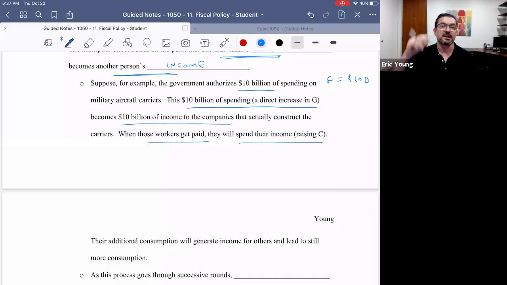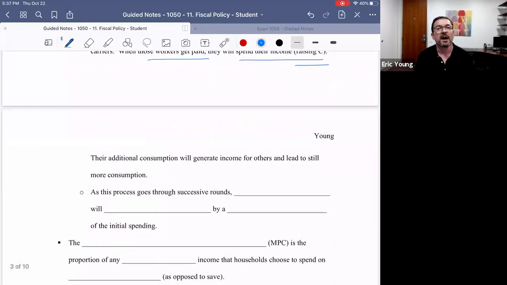So the military spends 10 billion on these carriers. It pays the contractors. They pay their workers. Those workers get that income. They spend it. That's going to increase consumption. But note that when those workers go out and spend that money, their consumption becomes income for others. At all the different stores and locations where those workers spend their money, that spending becomes income to others.